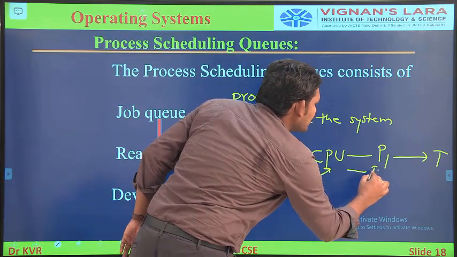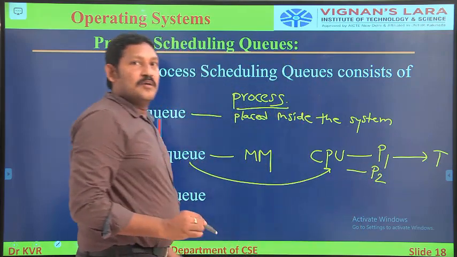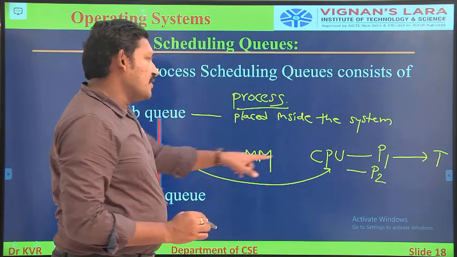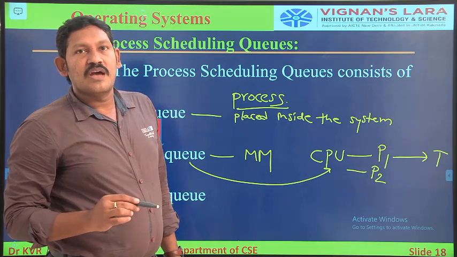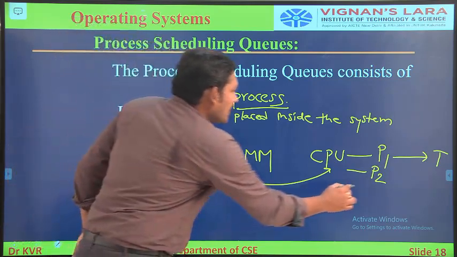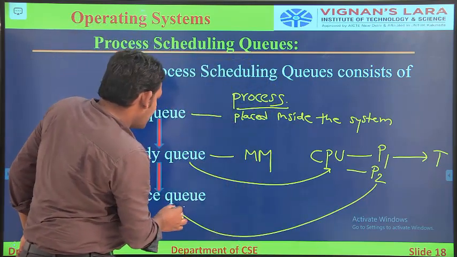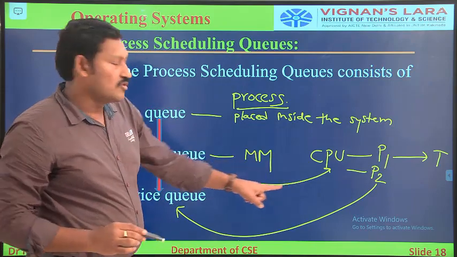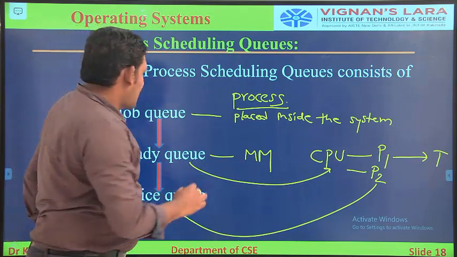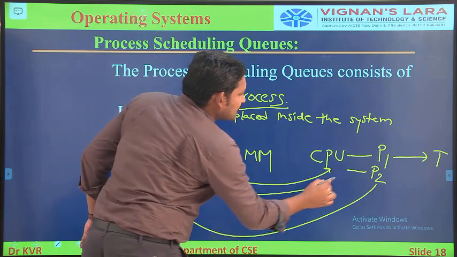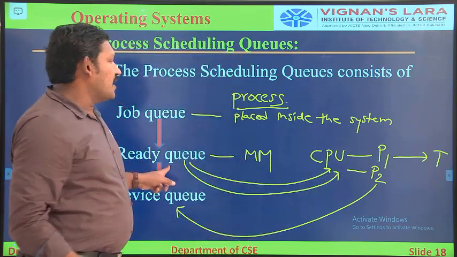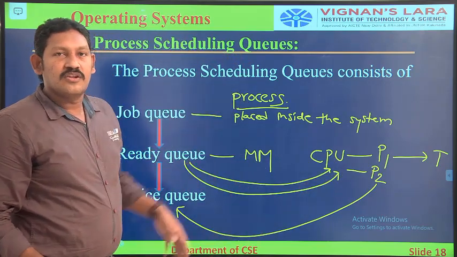Let us suppose the CPU is given P2 and P2 is being executed. Meanwhile, if process P2 has to undergo any IO operation, then it will be sent to the device queue. And meanwhile, another process from the ready queue will be given to the CPU and the CPU will continue its execution.